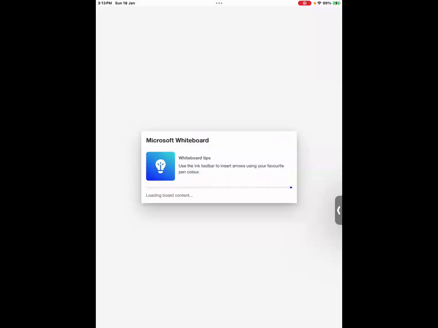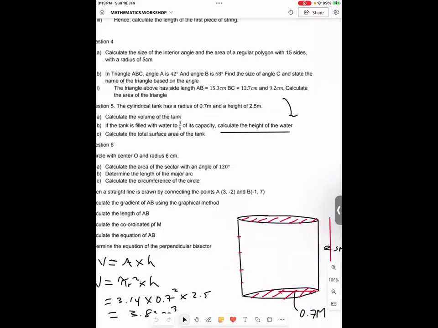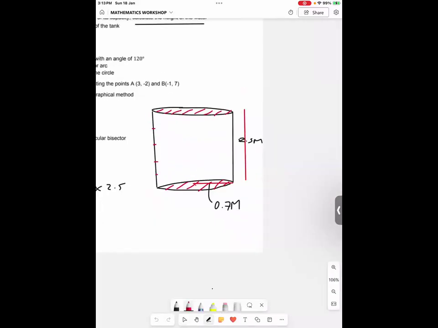So if the tank is filled to 3/5 of its capacity, it's almost full. So what that means then, if I'm to interpret this correctly, the tank is filled to about here.